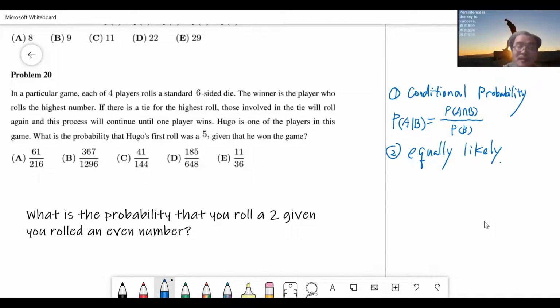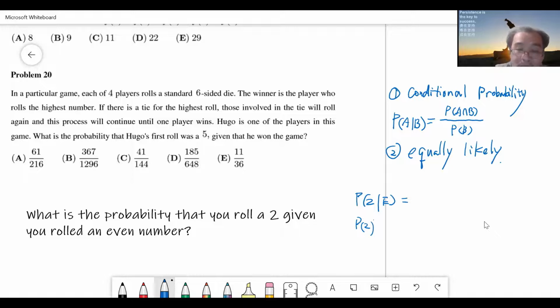So this is P(2 given you roll an even number).